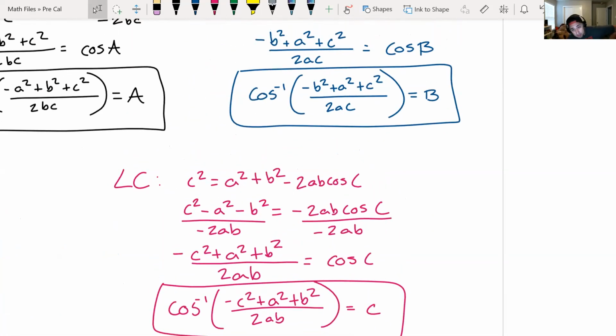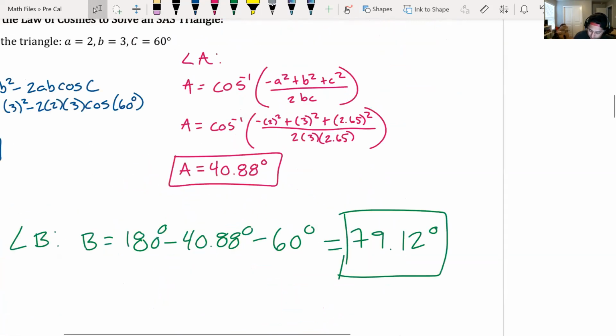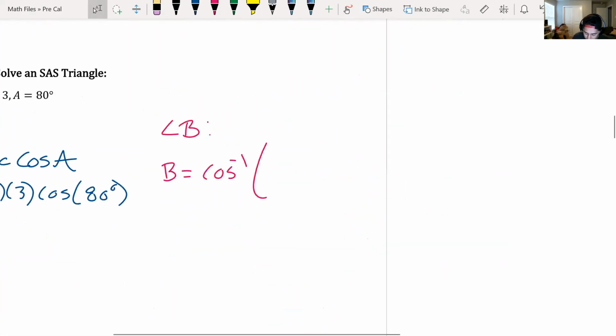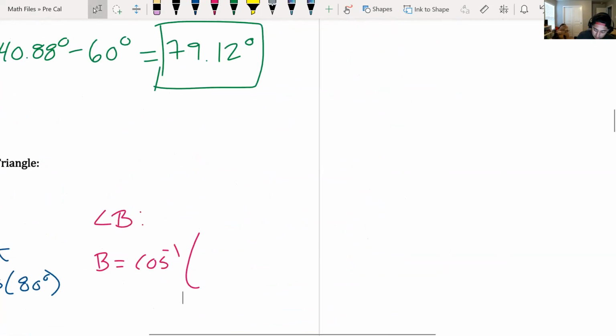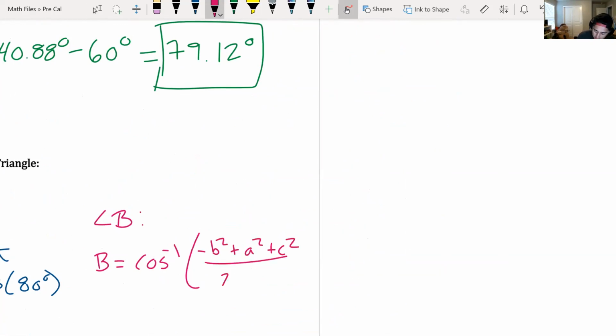Negative B squared plus A squared plus C squared over 2AC. Okay.